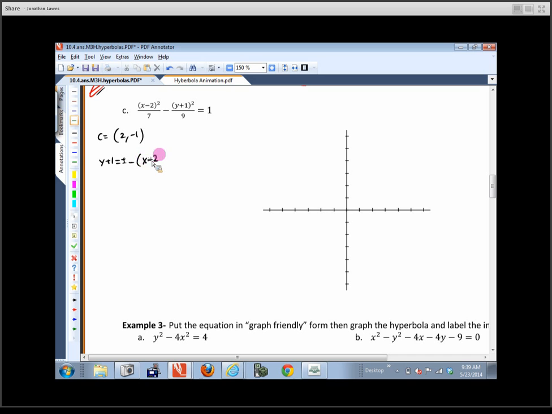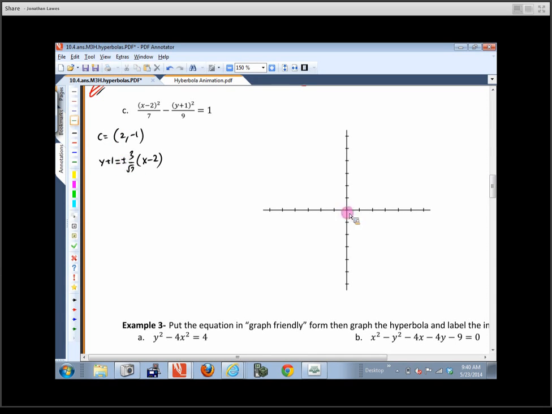Grab the expression with the x. What goes on top? A 3. What goes on the bottom? Radical 7. That's a nasty looking equation for a line, but that's what it is. Ugly looking slope. Okay, so there's the center, there's the asymptote.